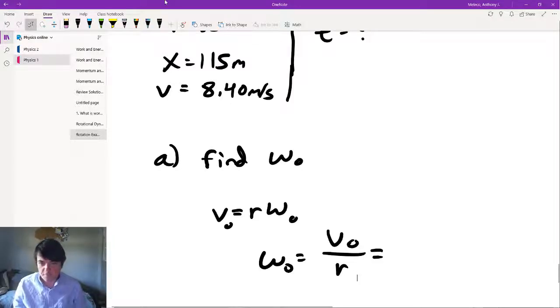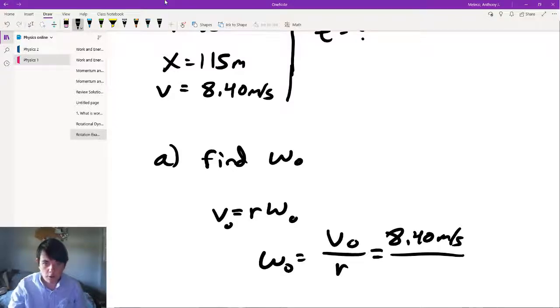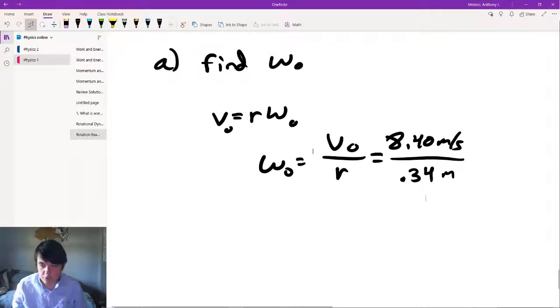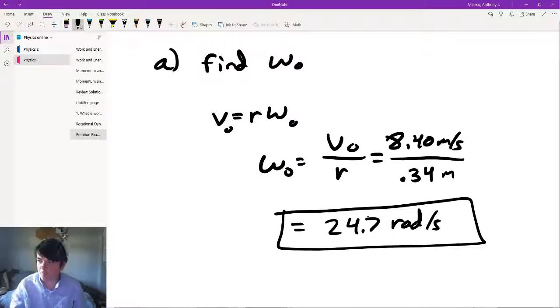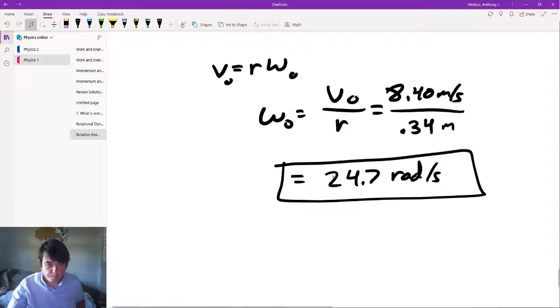So this is 8.40 over our 0.34 radius. Again, this will give us units of 1 per second, but since it's dimensionless, we can just convert that 1 into radians. So it looks like 24.7 radians per second, where it's actually 1 per second, but we throw a radian on there to know that we're talking about angular velocity here. Okay, so 24.7 is what you get when you divide that out.